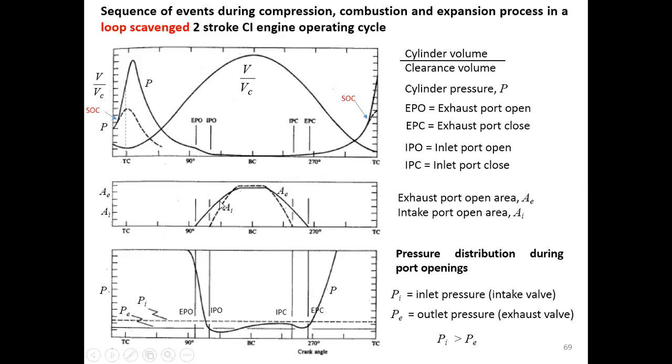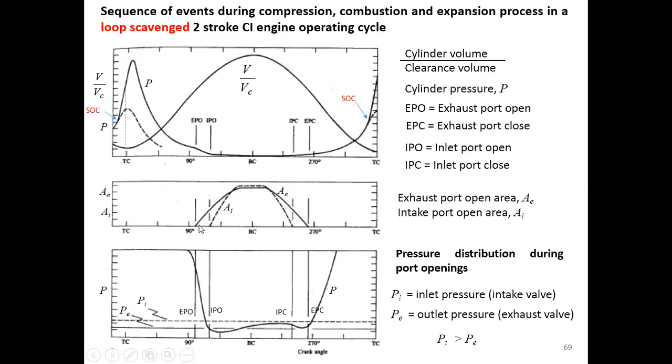It gradually opens until it reaches maximum opening here, and it keeps its maximum opening for a period of time, between the piston moving down to the bottom dead center and the piston moving up to the top dead center. This is where the ports keep their maximum opening, for both the inlet and the exhaust port.